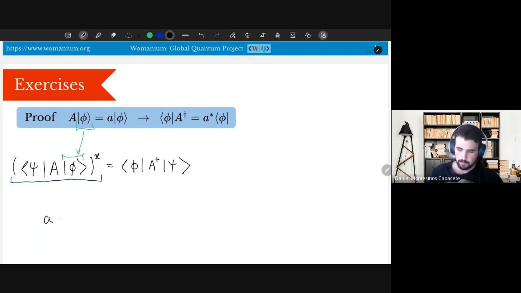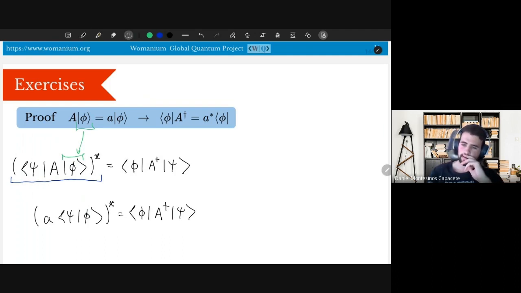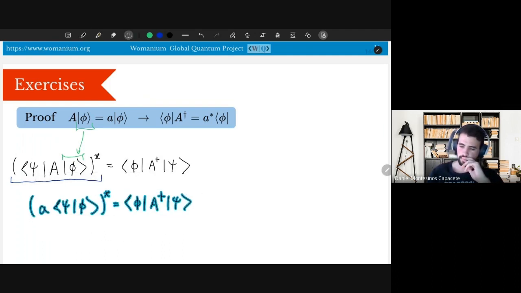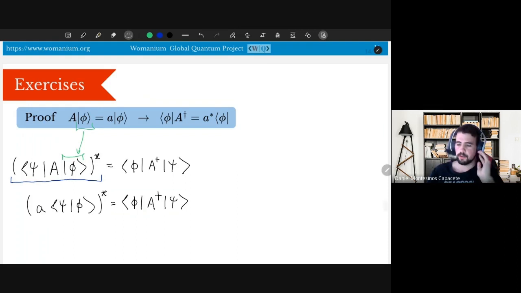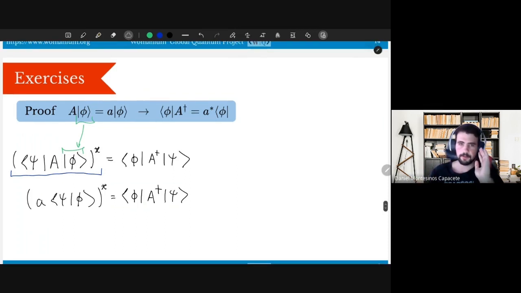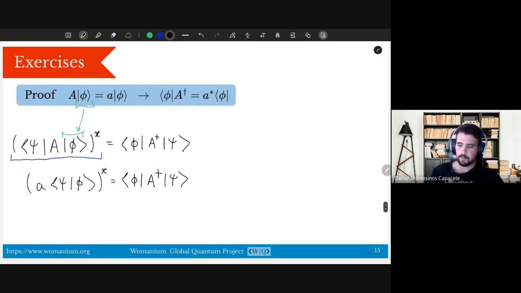So I will get A and the scalar product of this. I'm not doing anything here. This stays the same. All right, so we have this. Now I apply the complex conjugate here and change the order here.